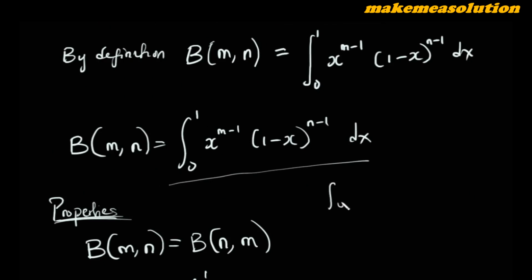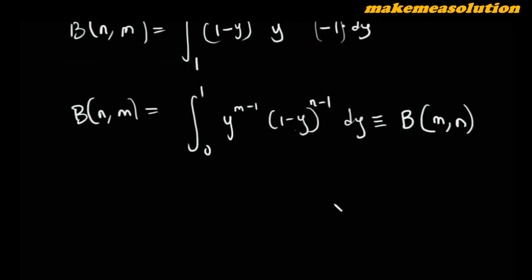Some people like using t raised to the power of m minus 1, 1 minus t raised to the power of n minus 1 dt. So this is your beta of m comma n. However you define it, you will still get your answer.